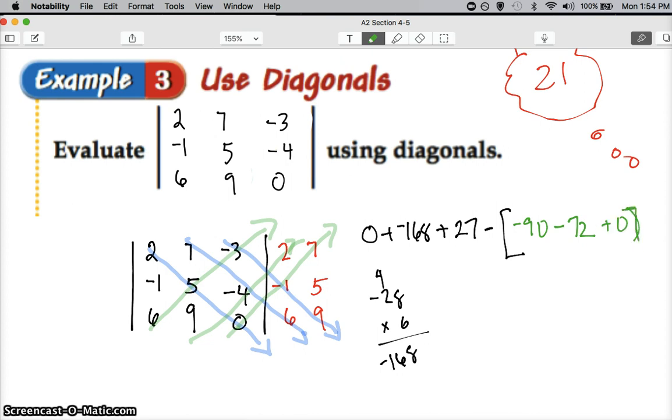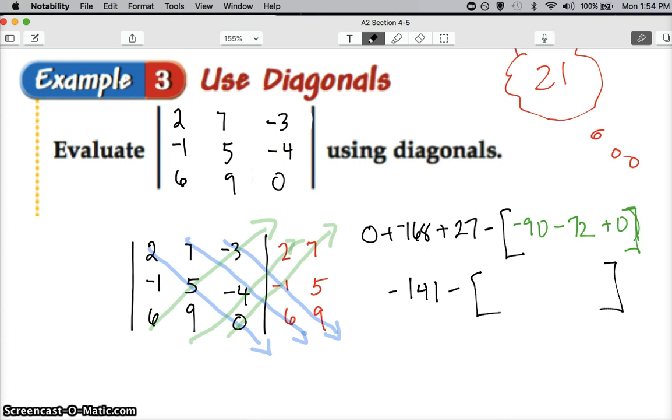And so let's see what we can do. If I want to join like terms together, or simplify I should say, I'm going to add these two together and I will get a negative 141. And let's simplify what's going on in parentheses here. I've got a negative 90 and a negative 72.